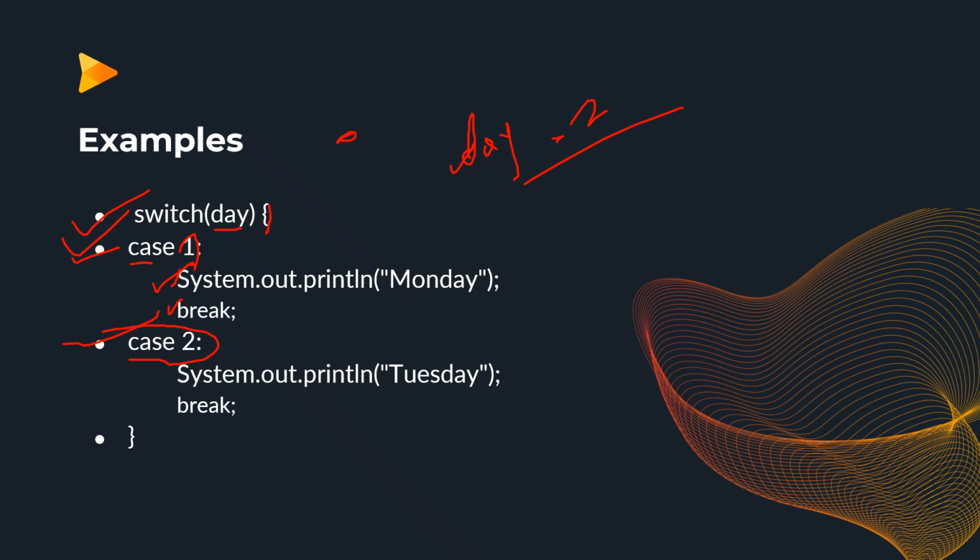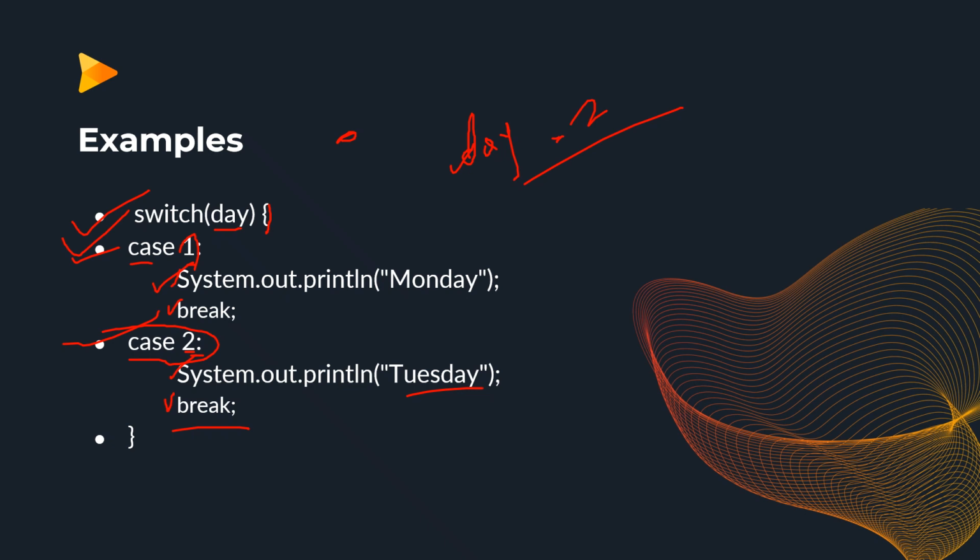Case is a keyword and we have provided 2, so it will check whether the day value and this case value are the same. If they are the same, then it will execute. Our day value is 2 and our case value is also 2, so it matches. Now it will give true, so it will perform this task. System.out.println Tuesday. So the second one is Tuesday and we are going to use break.